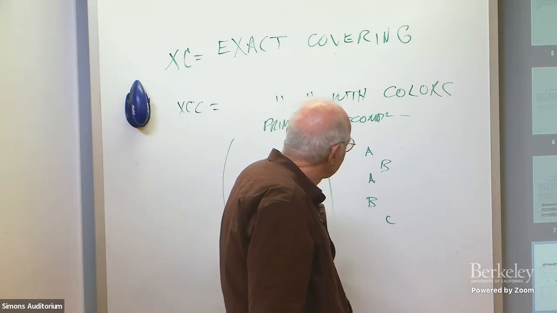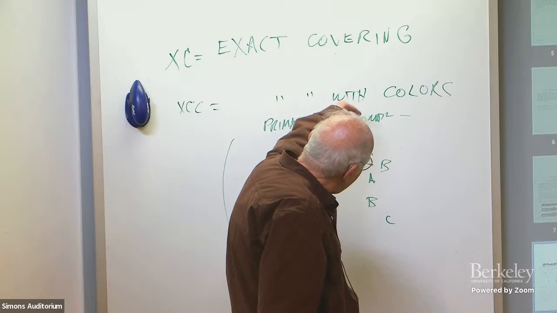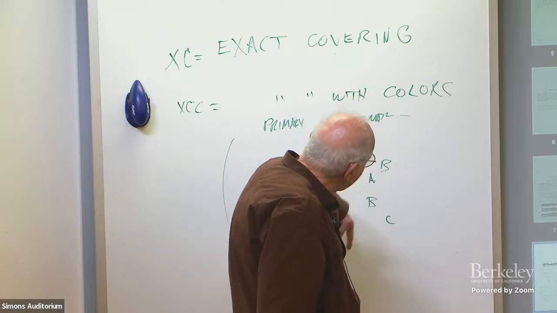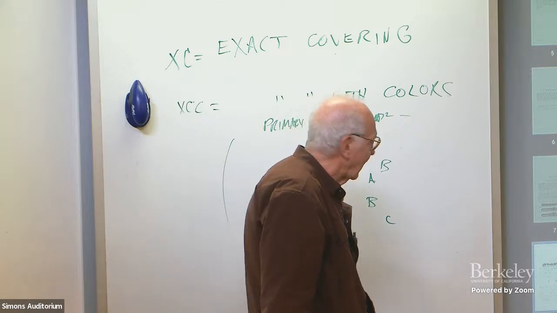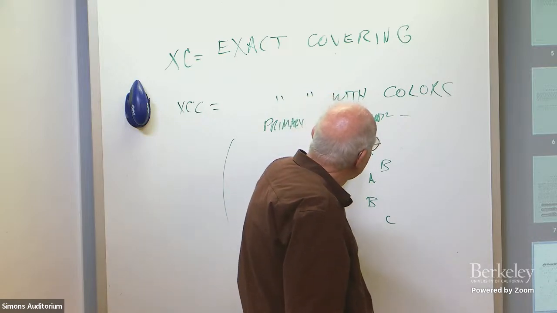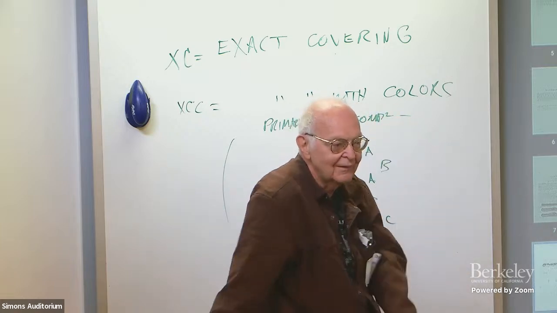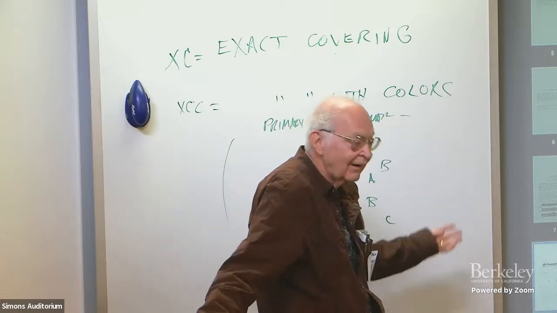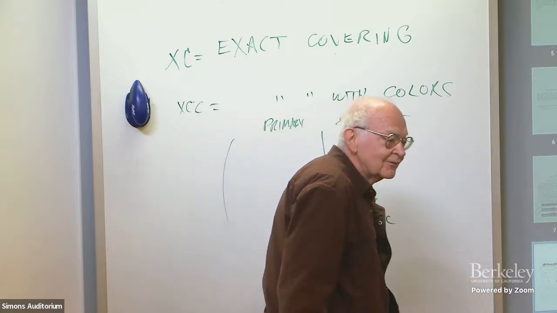So in a secondary row, at most one color is allowed. And so you can think of the ones as each one having some other unique color that doesn't appear anywhere else, and that would be another way of saying it. So that's the problem of exact covering with color.